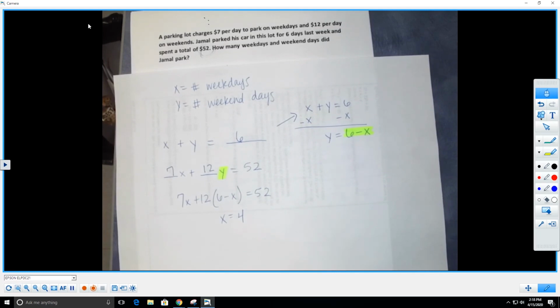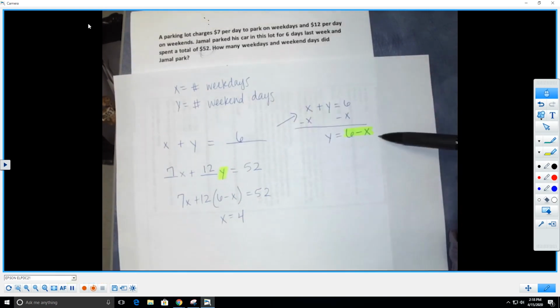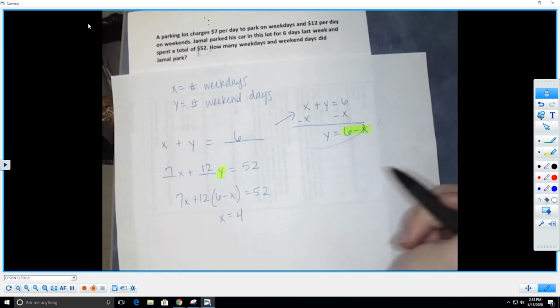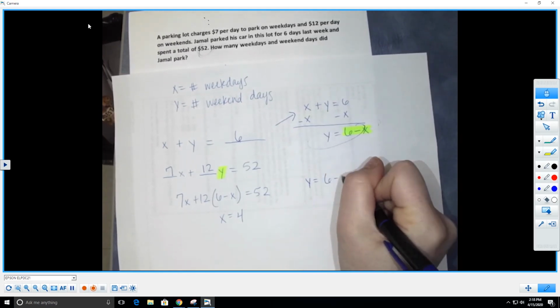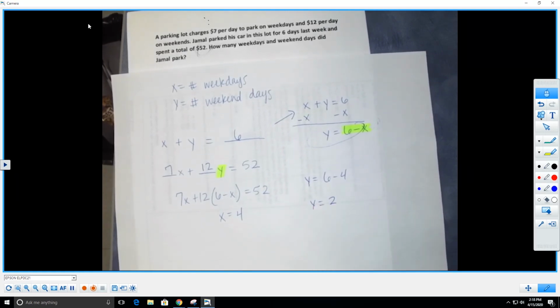How can you find the value of y? What's the value of y? If you said that you can substitute it into our original equation that we transformed here, so we would do y equals 6 minus 4, and then we have that y equals 2. Then you are correct. You are great at doing this.